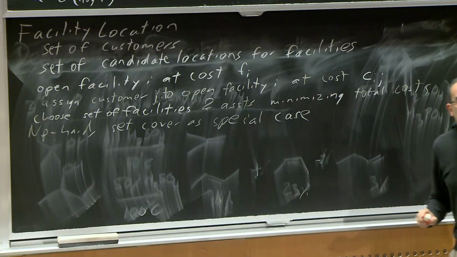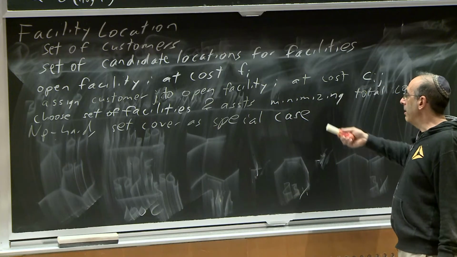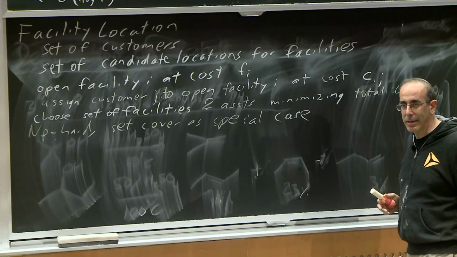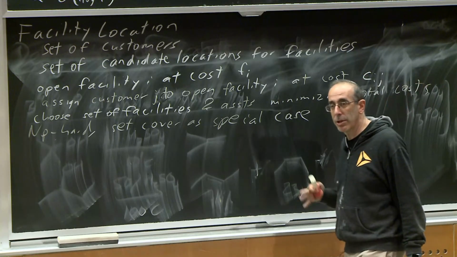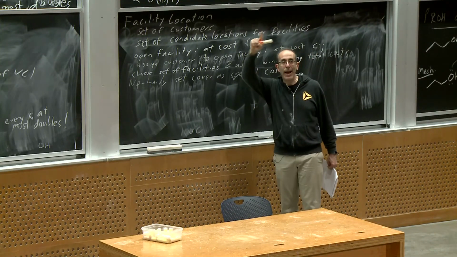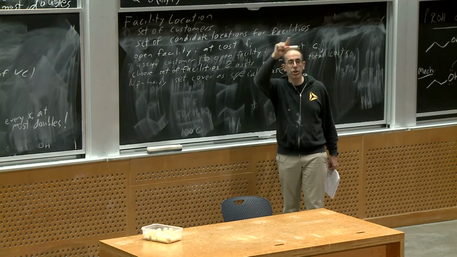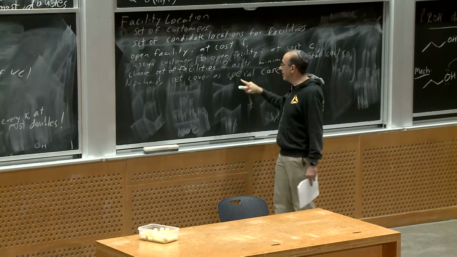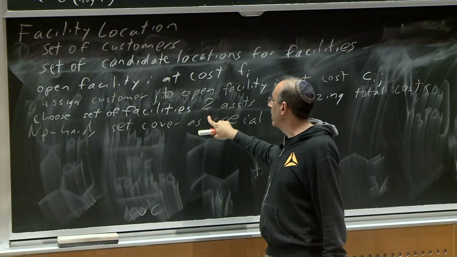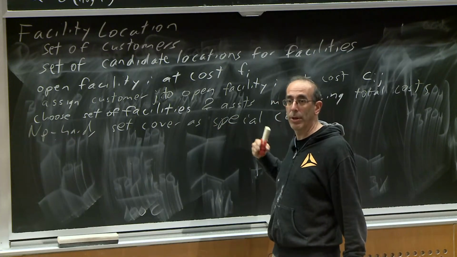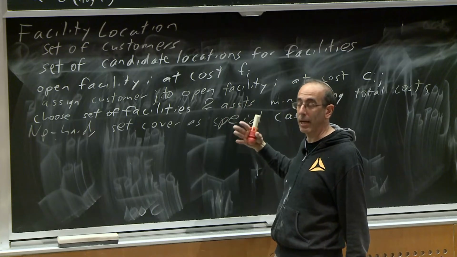And indeed, this general version of the problem is so hard that we don't have a lot to say about it. Just like the traveling salesman problem, which had Hamiltonian path, a version of TSP with no costs, just structural. That was already hard. Similarly here, the facility location problem has set cover inside it, a structural problem without costs, and we're just making it harder by adding costs.